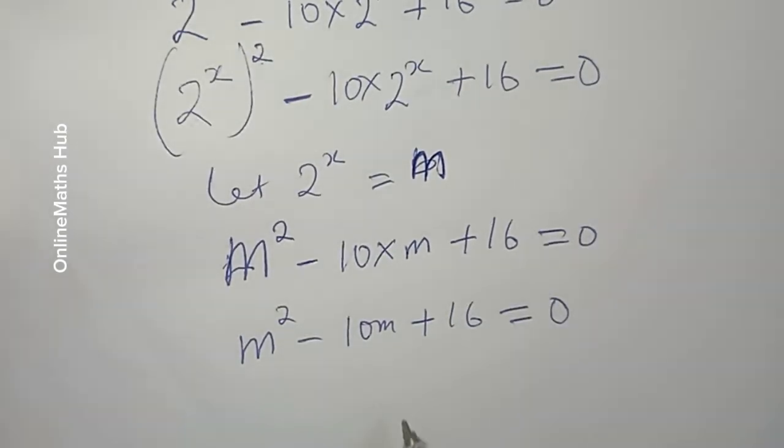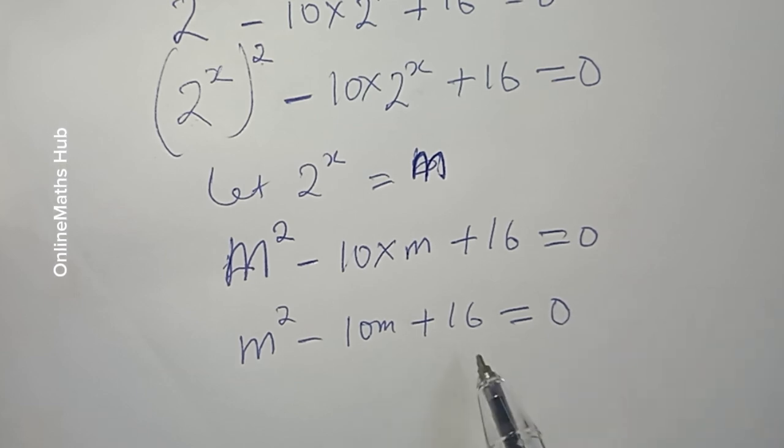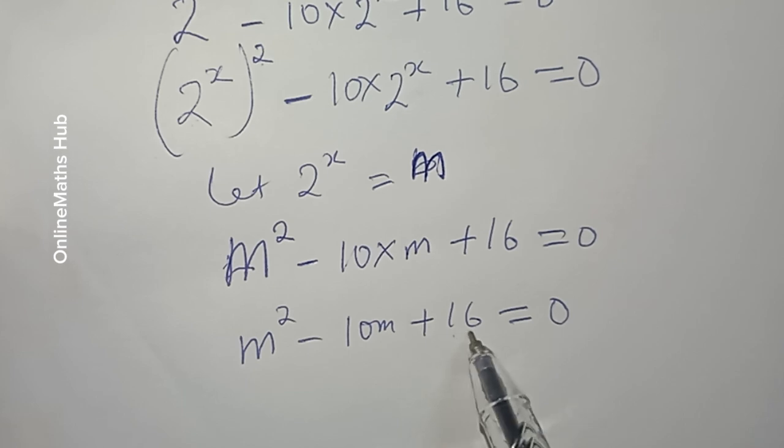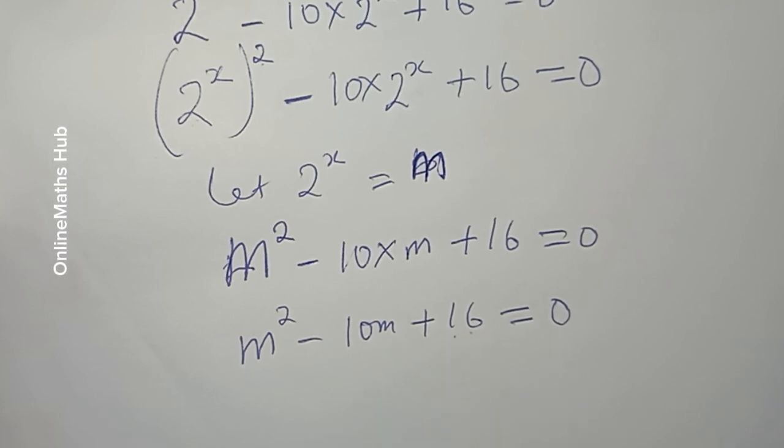Next, we need to find the two factors of 16 that, when you add them, give you negative 10, and it is just negative 8 and negative 2.